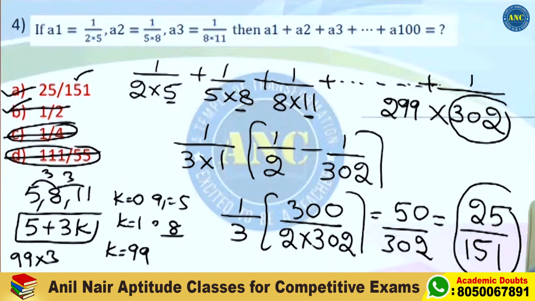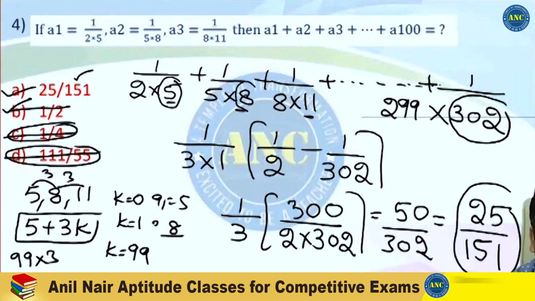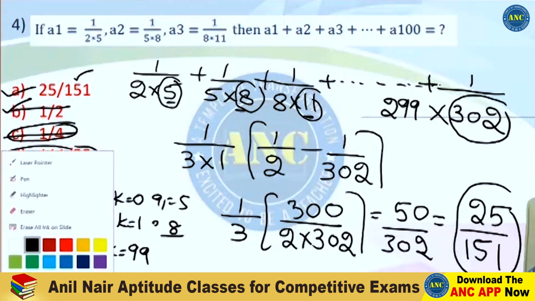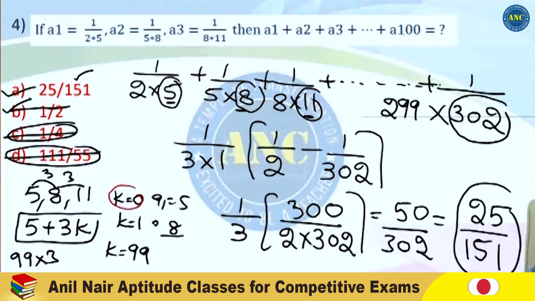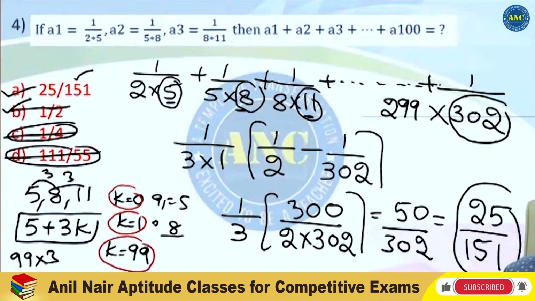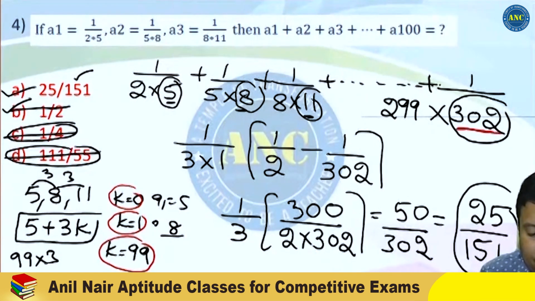For this kind of question, there is a concept number 4 that we will also discuss. How did I get the last value? The values are 5, 8, 11, increasing by 3. 5 plus 3k. The first value is k0, the second value is k1, the 100th value is k99. 3 into 99 is 297, plus 5, 302.